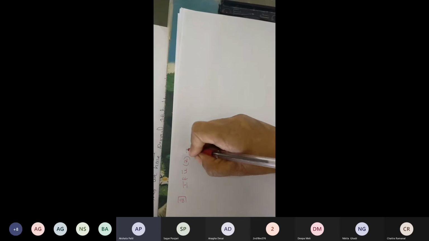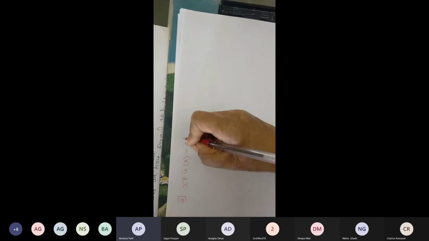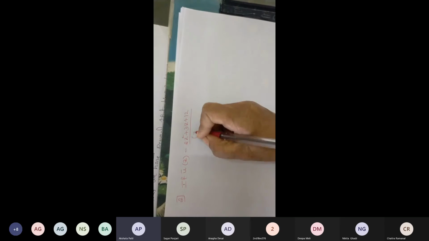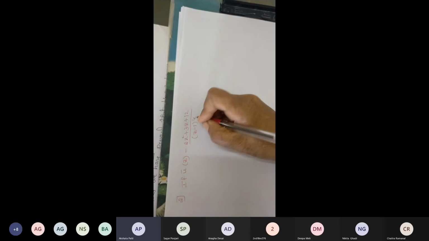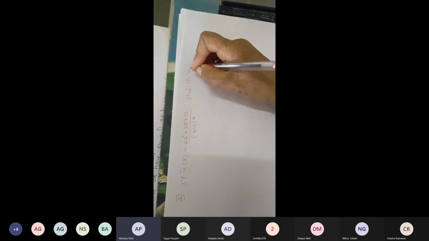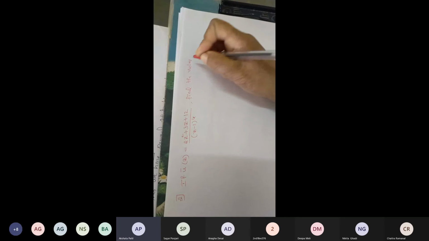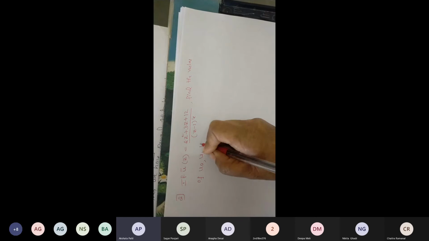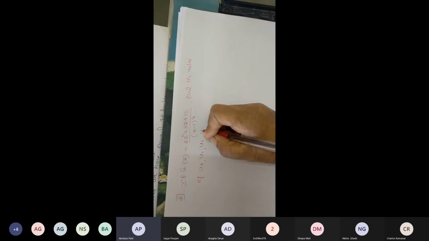Example number 2. If u bar of z equals 2z square plus 3z plus 12 divided by (z minus 1) raised to 4, find the values of u0, u1, u2, u3.